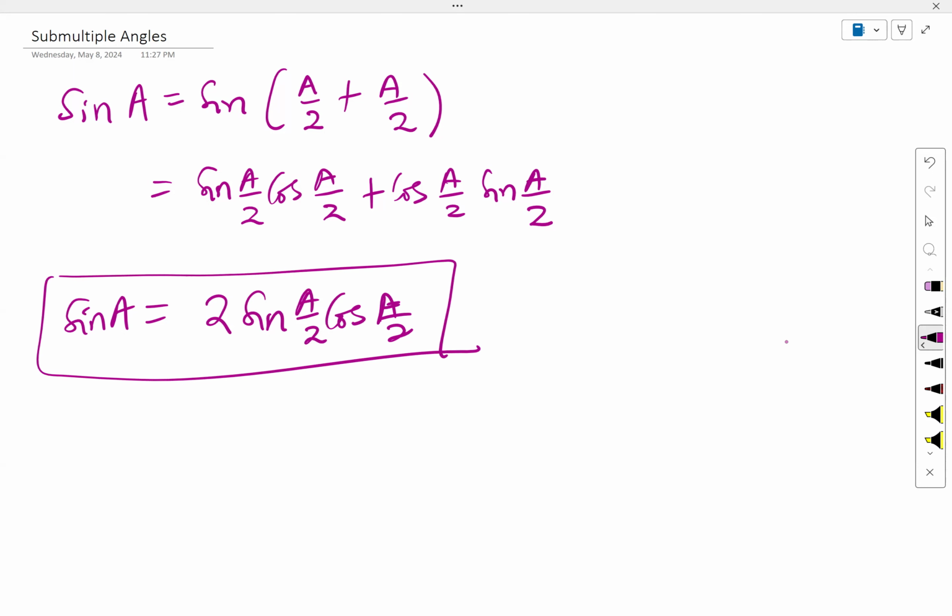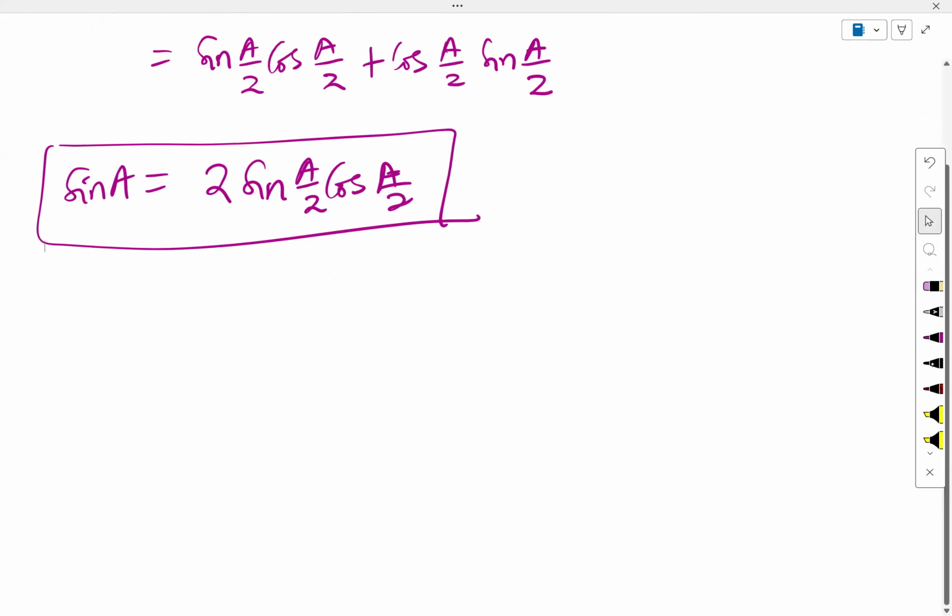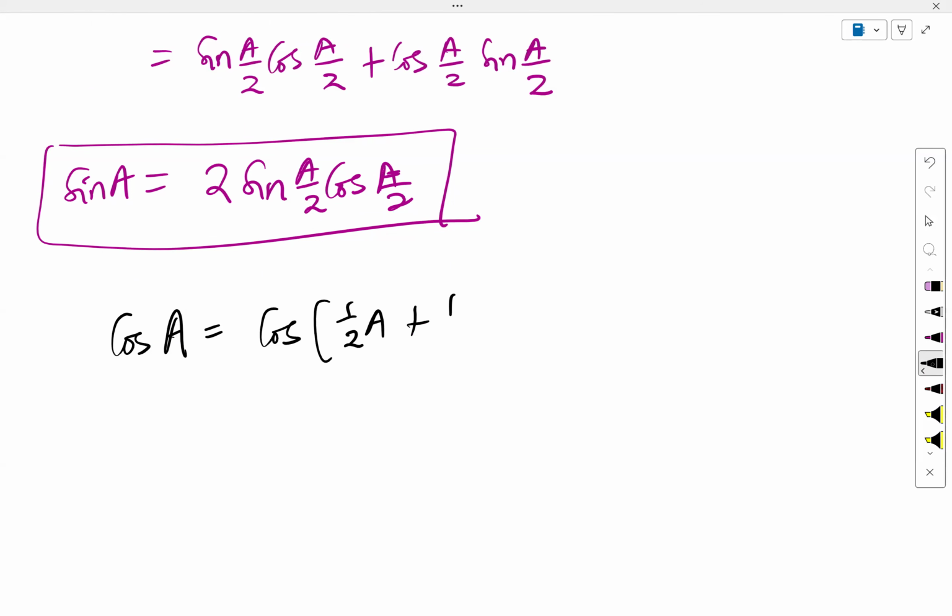Okay, so we can go ahead and talk about cos A. So cos A, of course, is the same thing as cos, of course, I can say A over 2, or I can say half A. A over 2 and half A is exactly the same. So let me just use half A in this case.